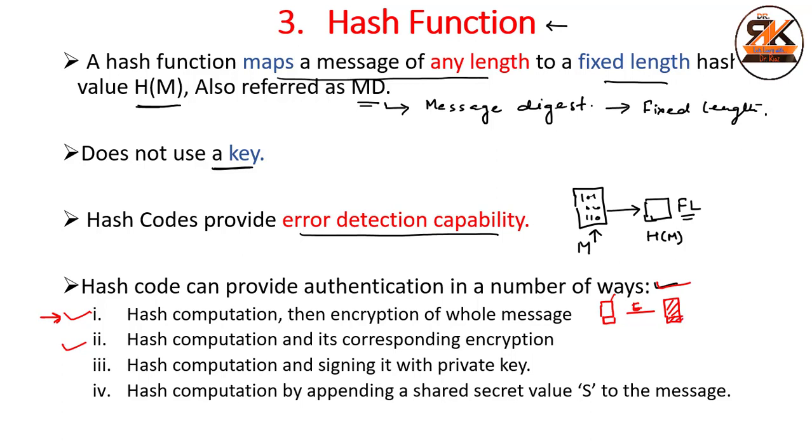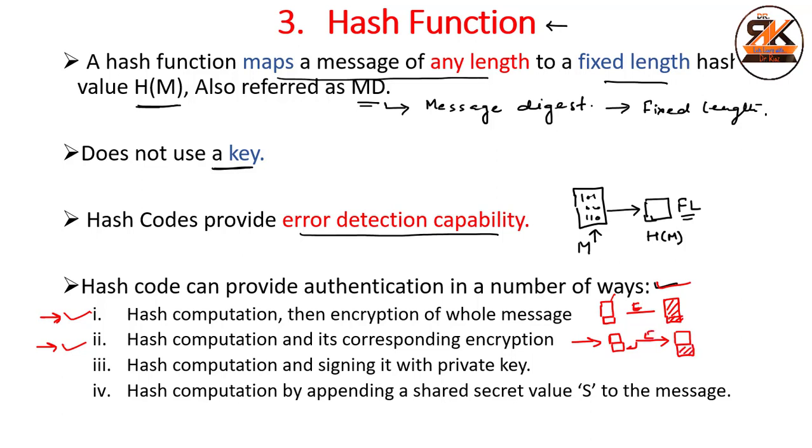Okay, but here in this case at number 2, hash computation and its corresponding encryption. In this case the message is here, we are calculating the hash value, and then we are encrypting only this hash value. This message is in the original form, but this hash is in the encrypted form.